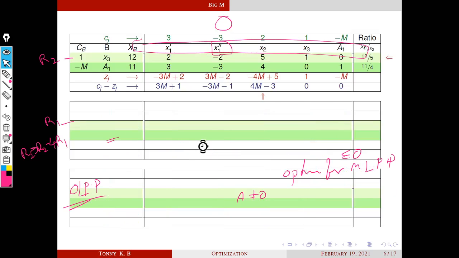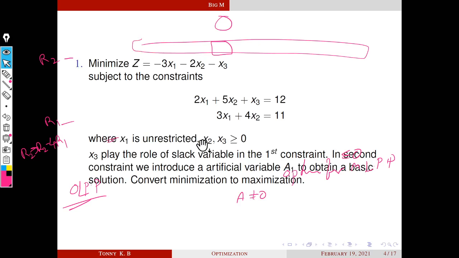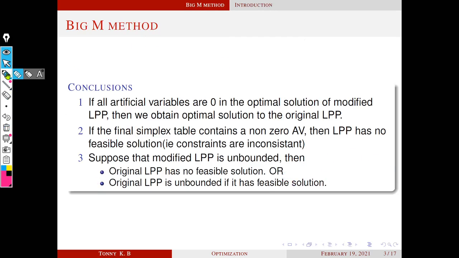If the final simplex table, meaning the optimum table of the modified LPP where all the Cj minus Zj's are less than or equal to 0, contains a non-zero artificial variable, then the original LPP has no feasible solution. That means the constraints are inconsistent. We can't solve those constraints. That's the idea.